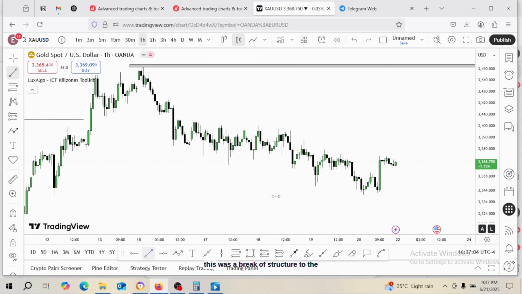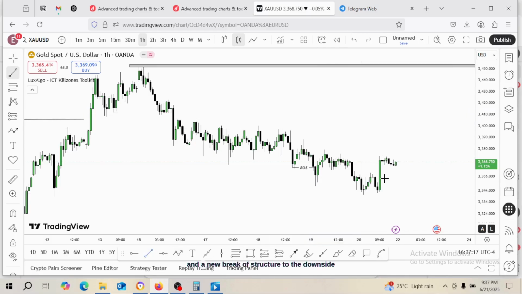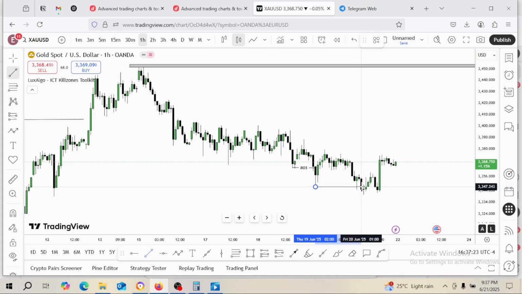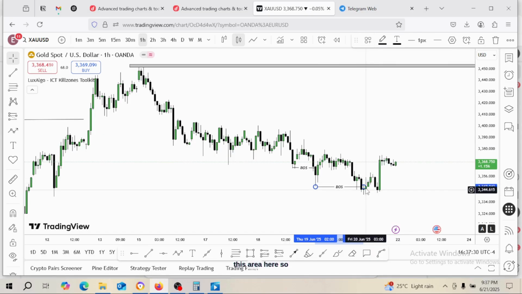This was a break of structure to the downside, BOS, and a new break of structure to the downside. BOS, right? We had a new BOS, this area here.